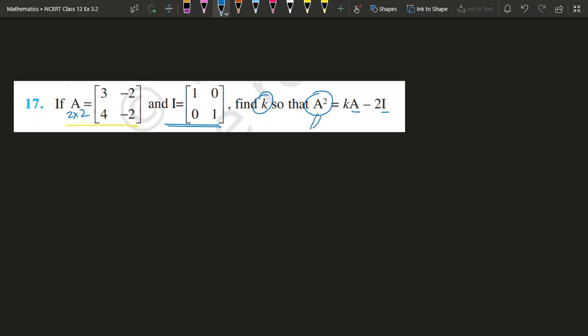So let's first compute what A squared is. So A squared is just A times A. So 3, minus 2, 4, minus 2. And again, you write the same matrix: 3, minus 2, 4, minus 2. And you multiply these two matrices, again using the same technique of dot products.